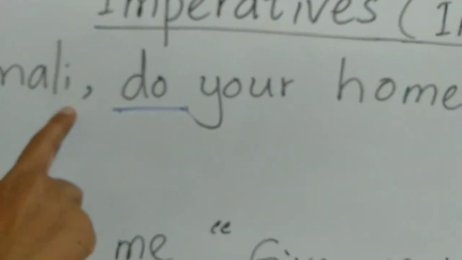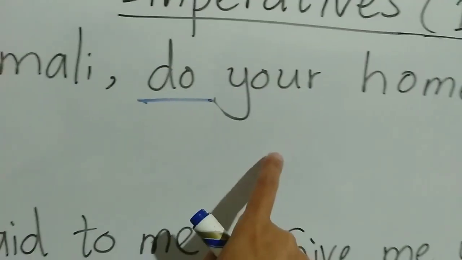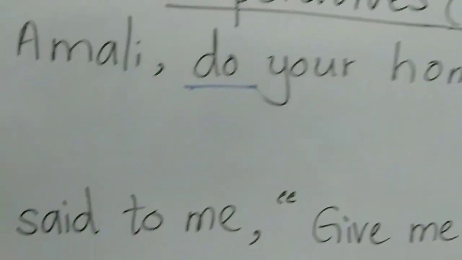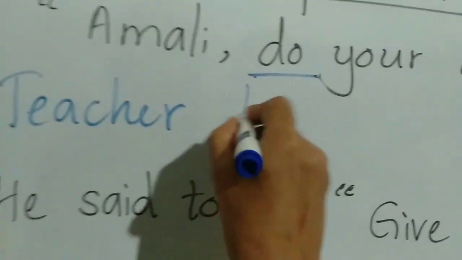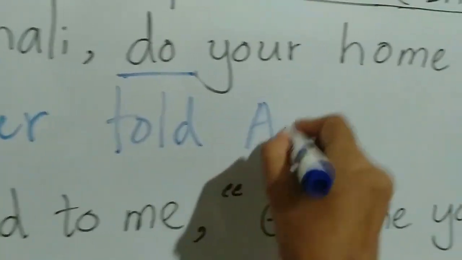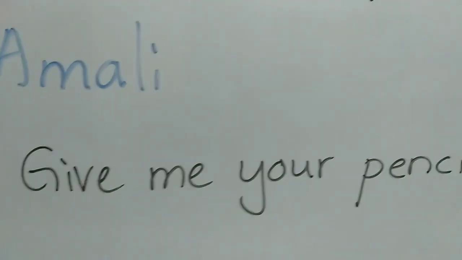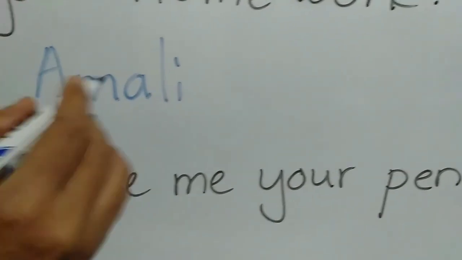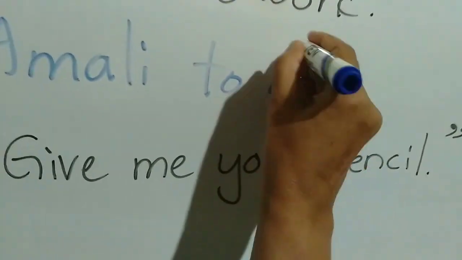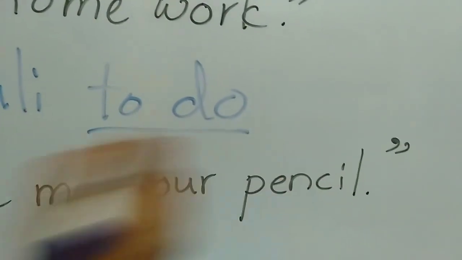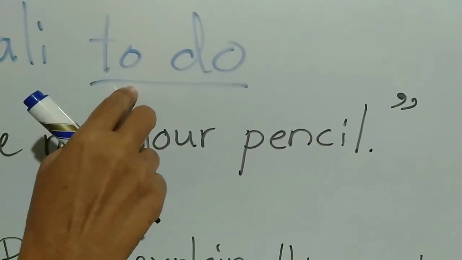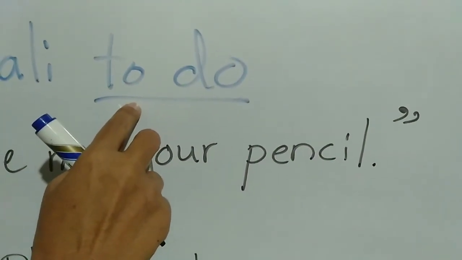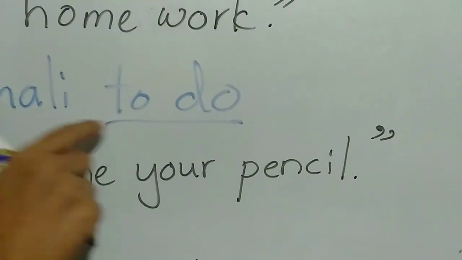How can you turn this direct speech sentence into indirect speech? Teacher told Amali. Here one special thing happens. To do. This infinitive. You know the present tense verb with to; we write this to turn it into indirect speech.